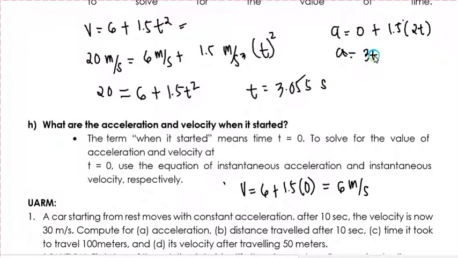We can substitute directly into our equation to get the initial acceleration. Since it is at the initial stage, acceleration will be equal to 3 times 0. That means at the initial value, at t is equal to 0, our acceleration is also equal to 0 meter per second squared.